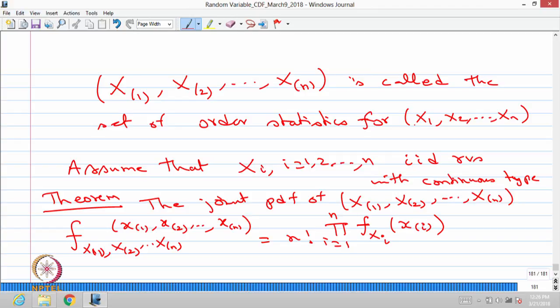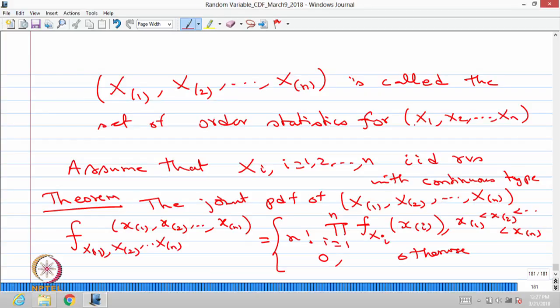The product of this probability density function multiplied by n factorial is going to be the joint probability density function within the region when x bracket 1 is lesser than x bracket 2 and so on till x bracket n. Otherwise, it is going to be 0. So, this result also comes from the theorem.